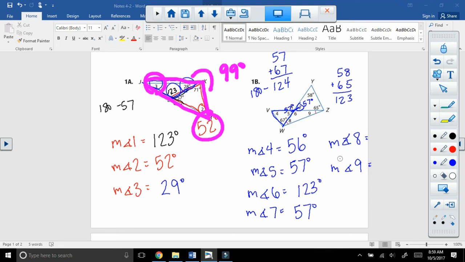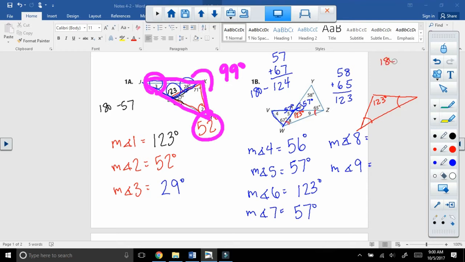And then these last 2, these are the hardest 2, at least the first couple times that you see these. I know that angle 6 is 123 degrees. And then these marks here say that those angles are congruent. So looking at, I'll draw that triangle a little bigger. Looking at this triangle here, these are congruent. This is 123.